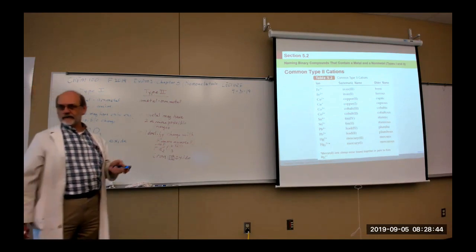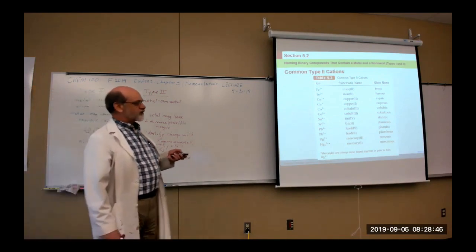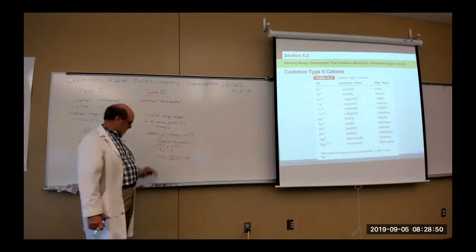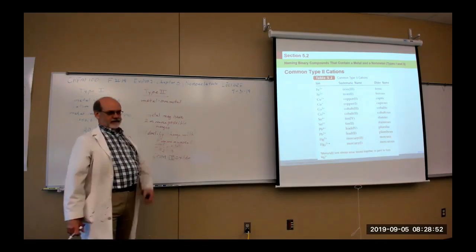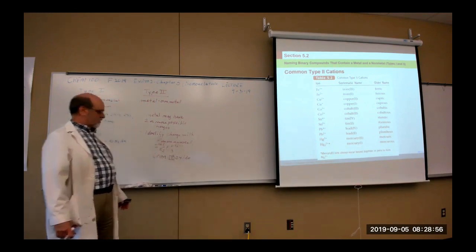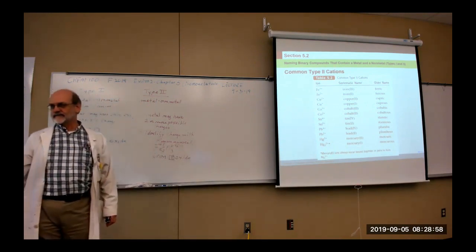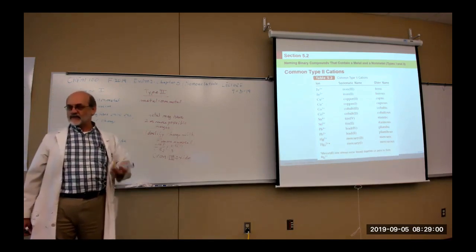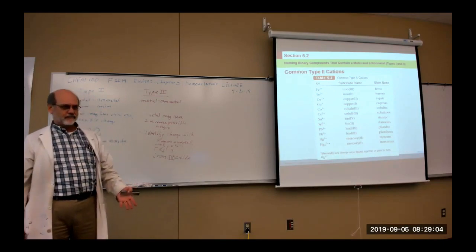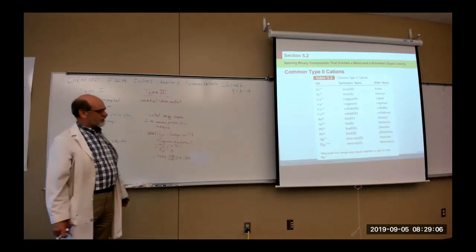Like I had to. The newer system is much easier, more straightforward. We just say iron 3 oxide. In the past, I would have to say ferric oxide. And whoever saw that name would just have to know what ferric means. Ferric means 3 plus. But you don't have to do that.